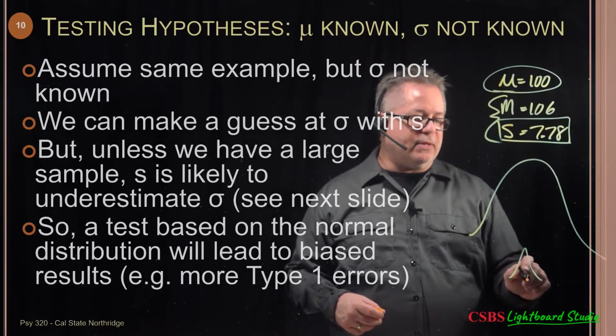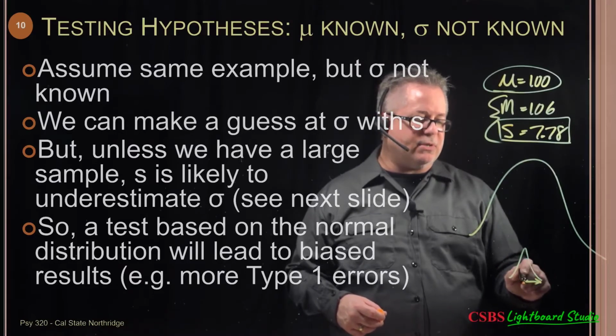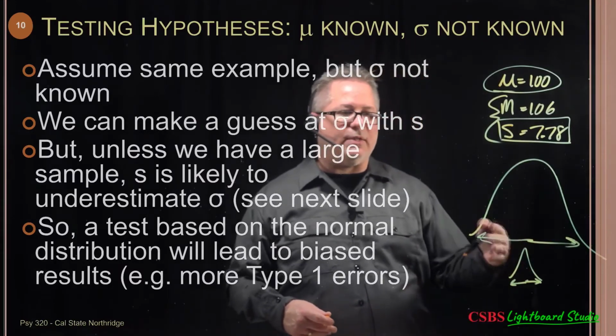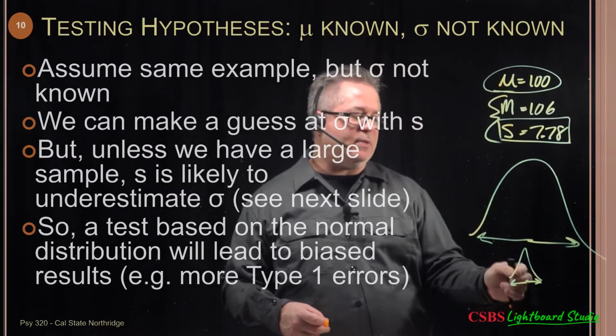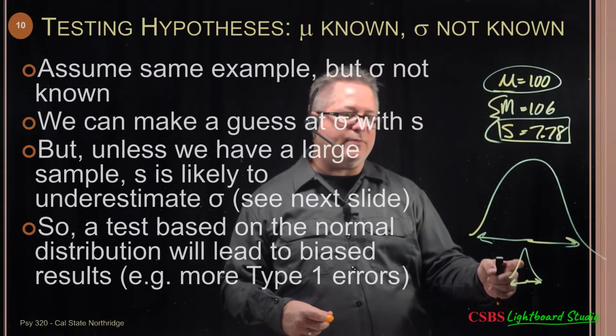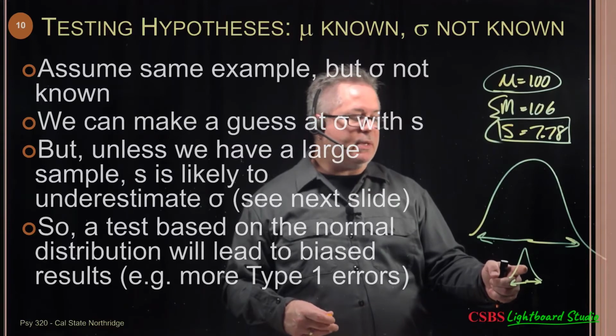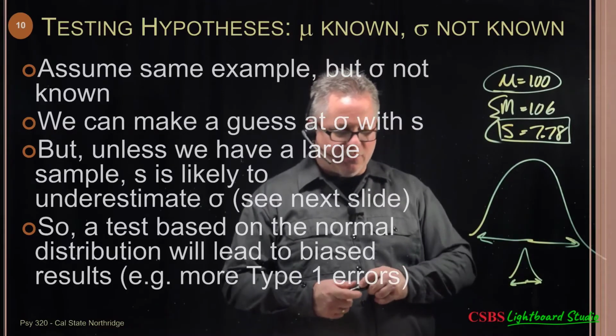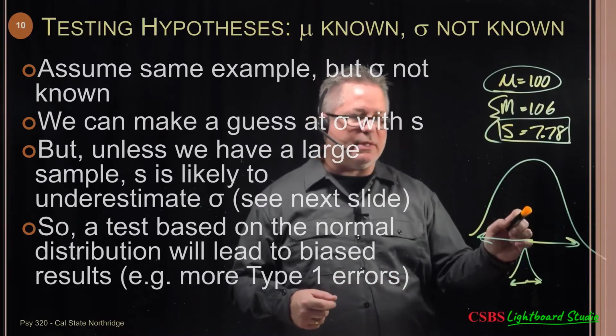It's very unlikely that this standard deviation is ever going to be the same as this standard deviation, right? It's very unlikely that we're going to get the same size standard deviation unless this sample is really big, like 100, 200, 500, 1,000. Unless it's really big, it's not going to be anything close to the population. All right, so this is likely always to underestimate this.